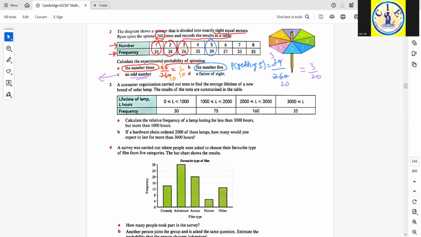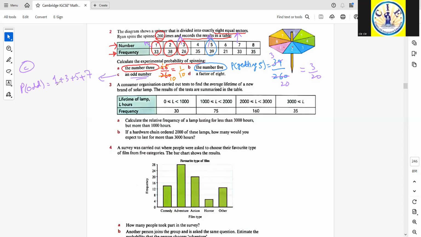Okay, how many odd numbers are there? 1, 3, 5, 7. 4 odd numbers. So the probability of getting an odd number, actually we need to have the probability of getting 1, 3, 5, and 7.